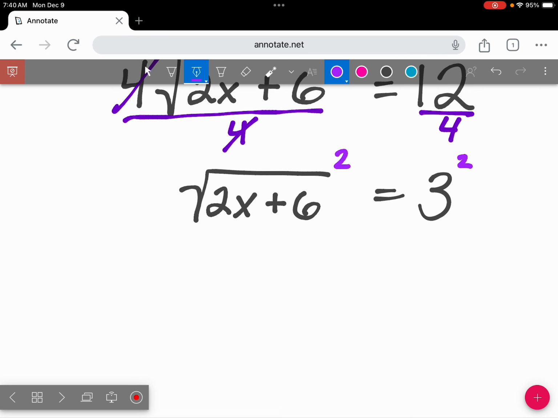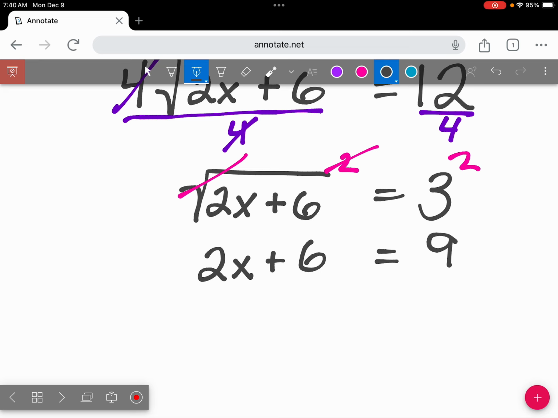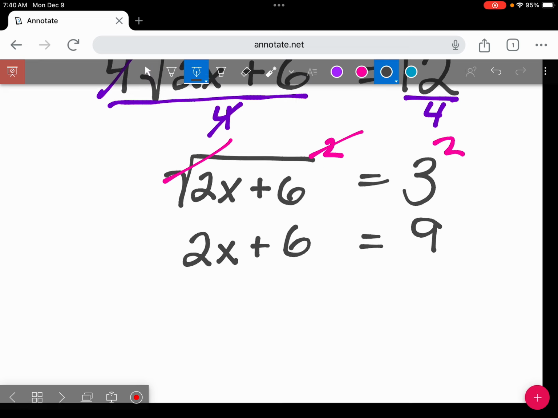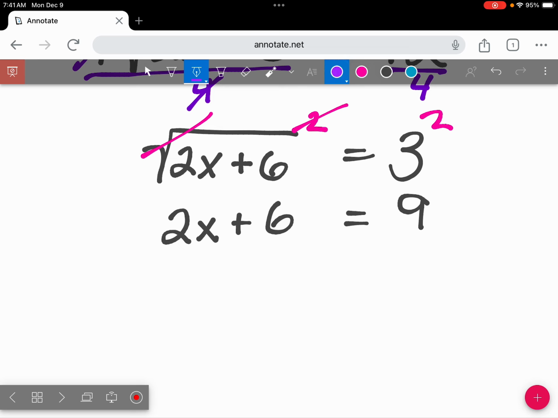Squaring the square root, square both sides, because then the square and the square root cancel out, and we're left with our 2x plus 6 equals 9. So next we minus the 6 to get 2x equals 3.